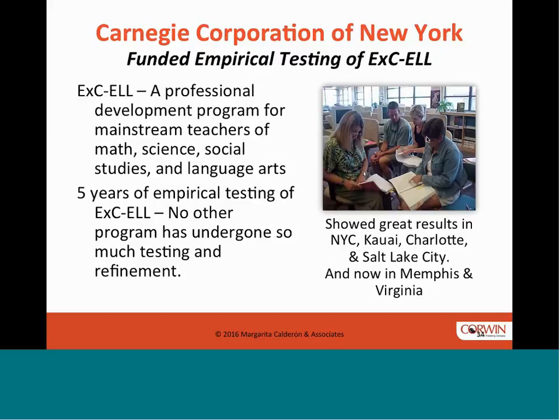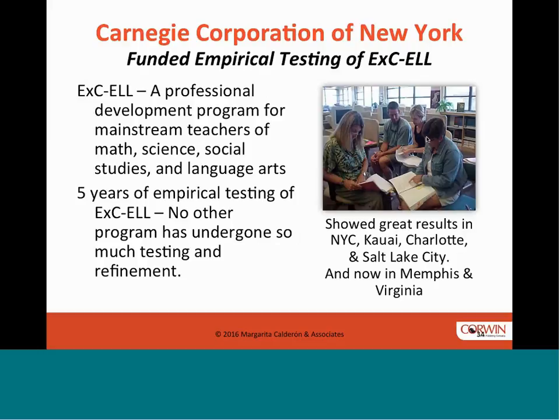The Carnegie Corporation of New York funded a 5-year empirical testing of EXCEL, Expediting Comprehension for ELLs. They wanted us to develop a professional development program for mainstream teachers of math, science, social studies, and language arts, as well as ESL and bilingual teachers, for them to integrate not just vocabulary, but also reading comprehension, strategy skills, and writing skills.